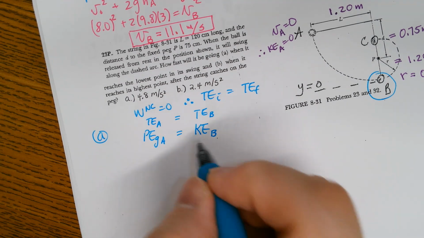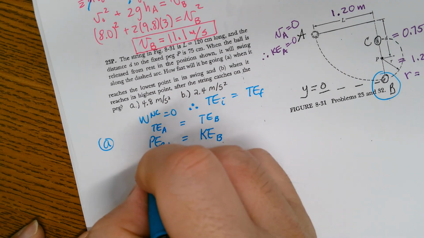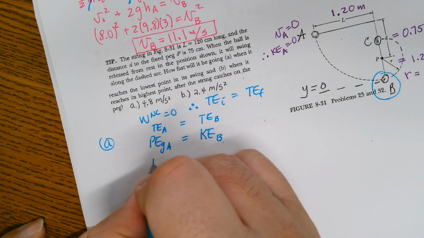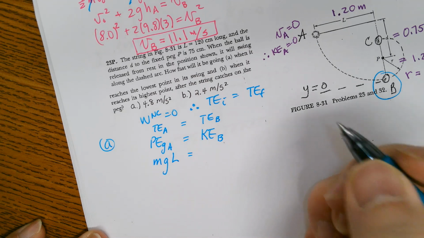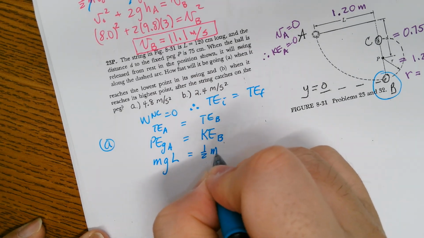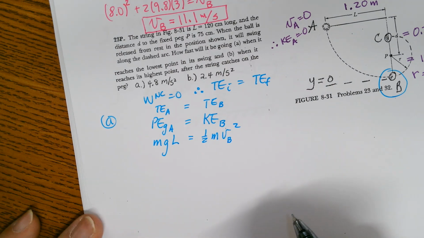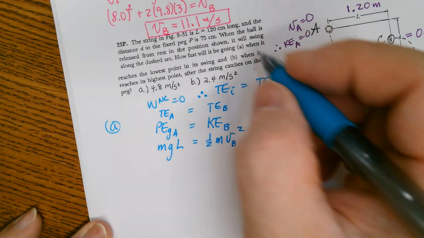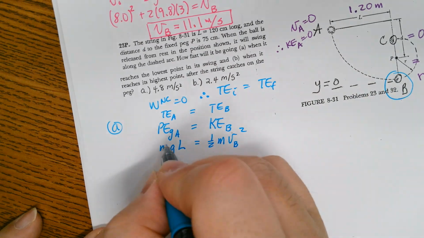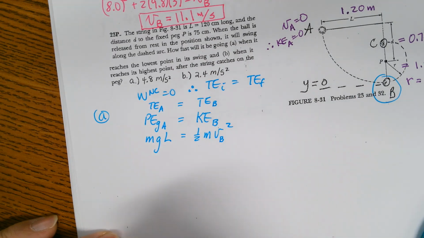I hope everybody can see that. Okay? Therefore, I have mgL is equal to 1/2 m v at B squared. Right? So notice what happens to the mass. Mass will cancel out nicely.